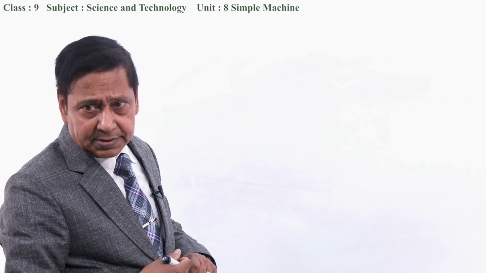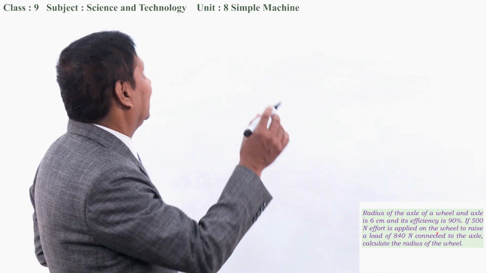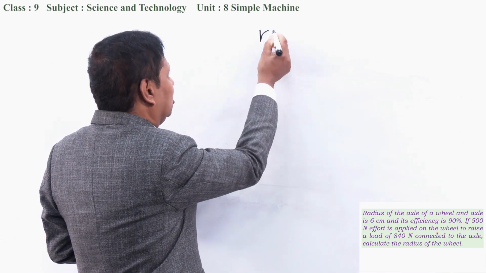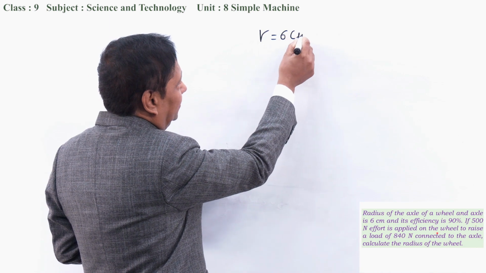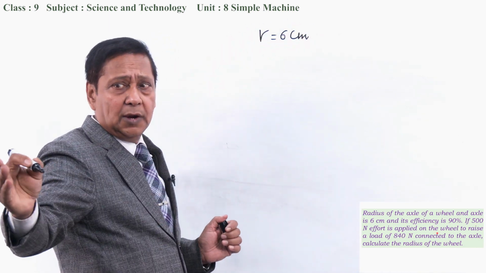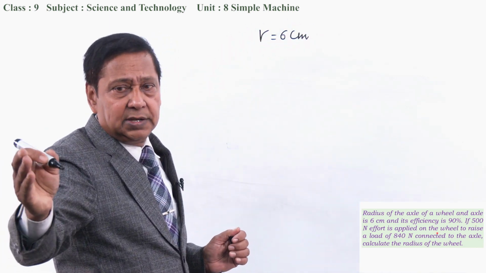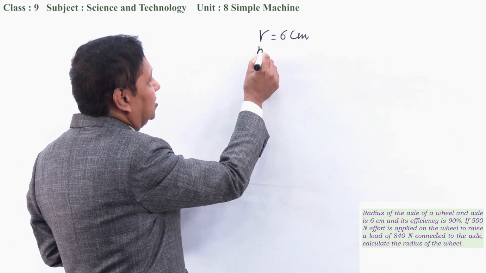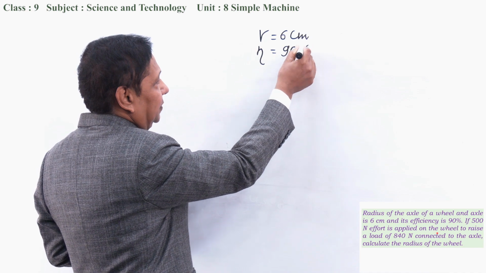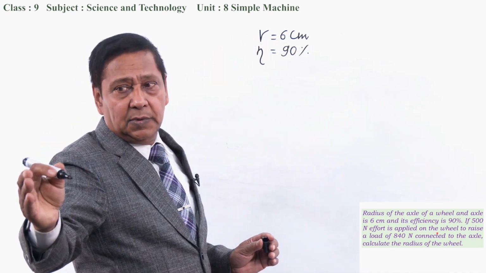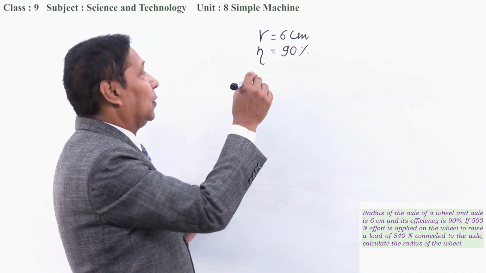What is given first? Radius of axle. Radius of axle is denoted by small r. This is 6 centimeter. And another point given is 90% efficiency. Efficiency is denoted by the symbol eta. It is 90%. Another information given is 500 Newton effort.